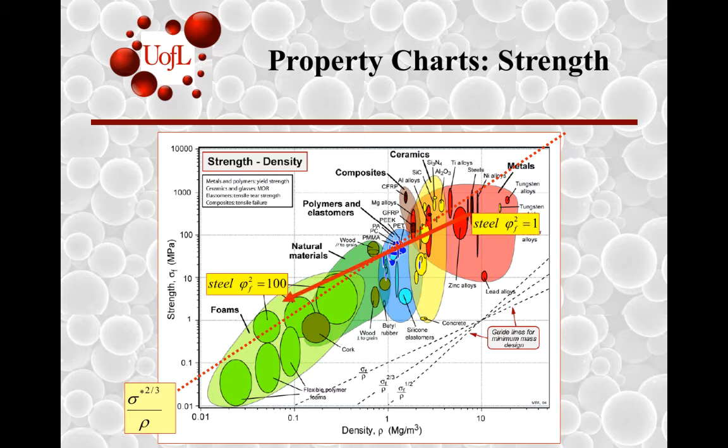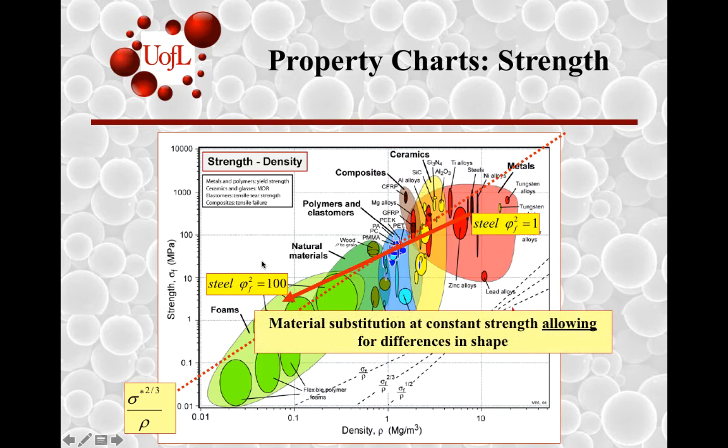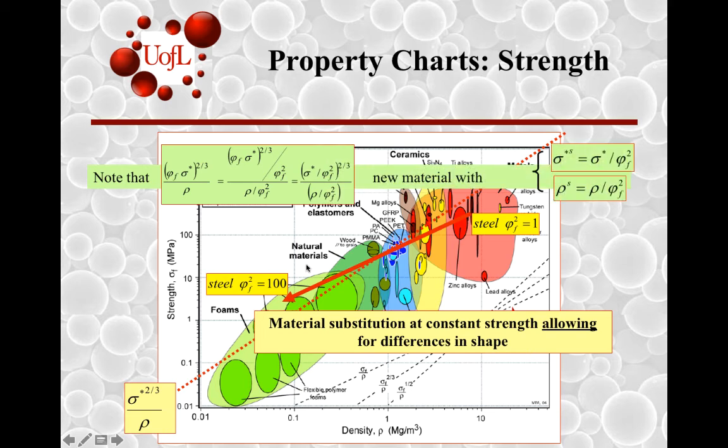But if you end up choosing a shape made from steel, where the shape efficiency factor is 10, so that phi square would be 100, it turns out that it allows for the same material to be used in this strength limited design by just making a different shape.